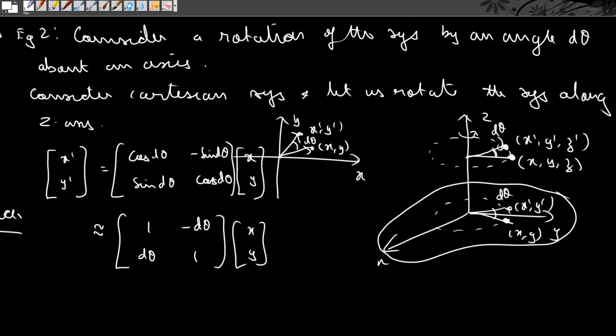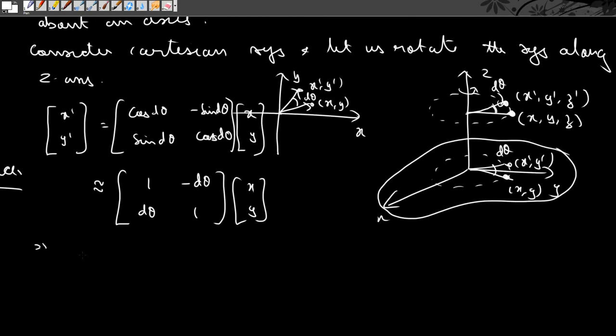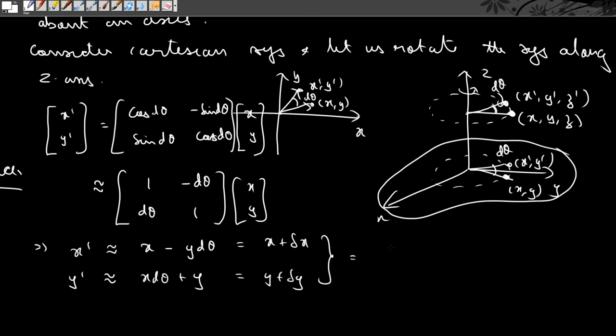Okay, so this implies that x dash is approximately x minus y d theta, and y dash is approximately x d theta plus y. Okay, so this can be seen as x plus del x, and this can be seen as y plus del y. So from this, what we get is that del x is equal to minus y d theta and del y is equal to x d theta.